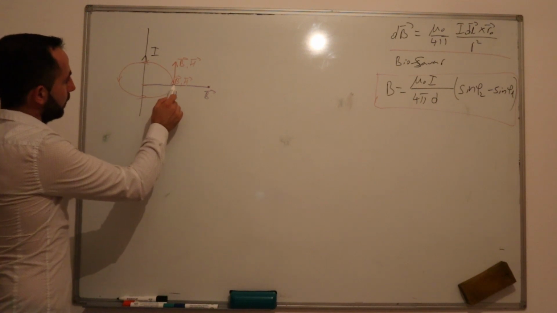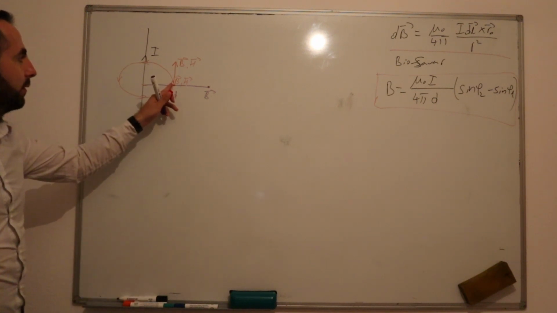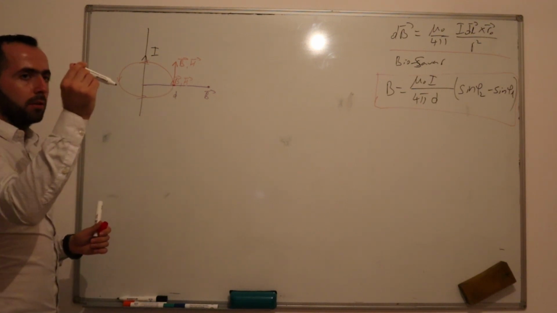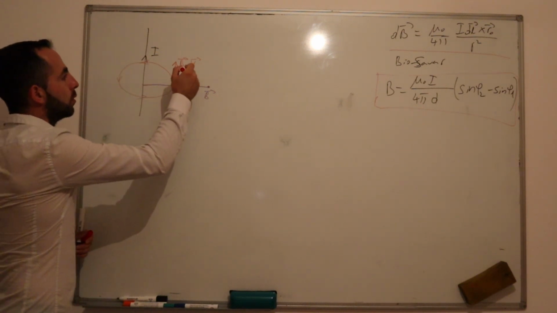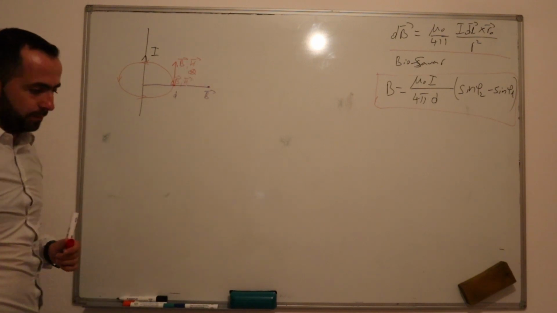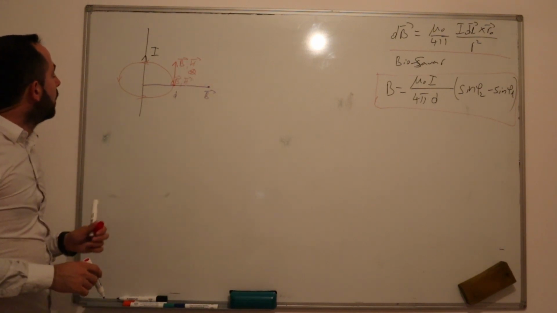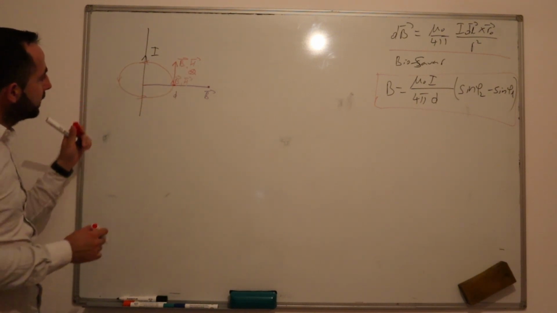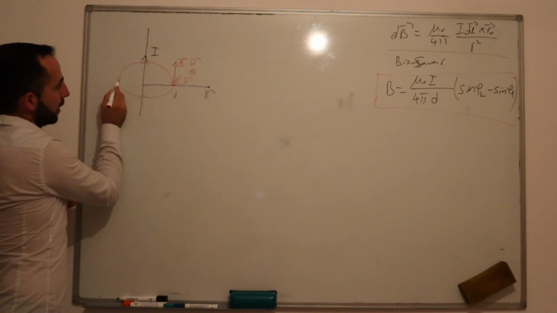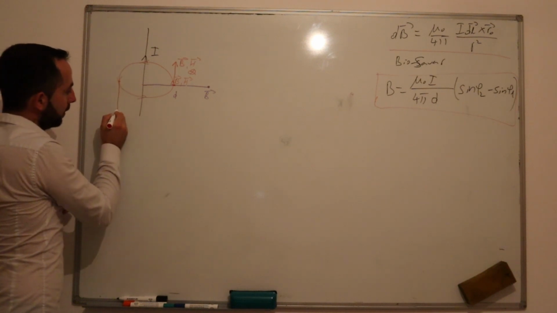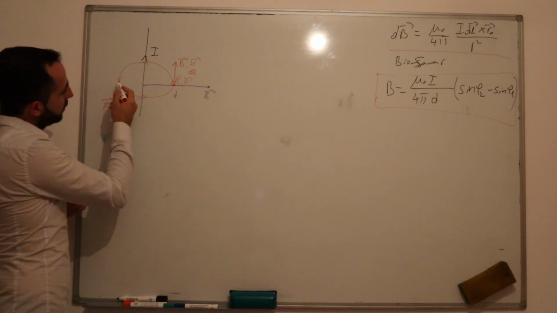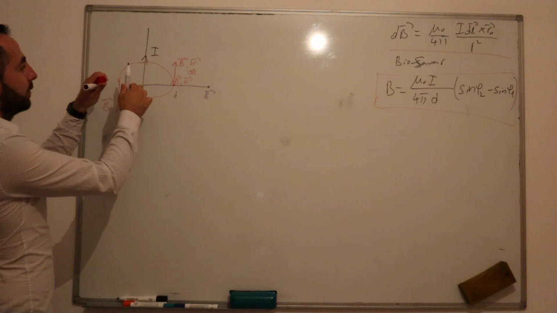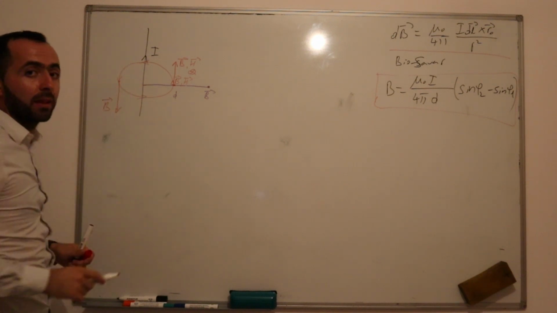If we need to calculate a magnetic field at this point, the direction of the magnetic field is from you to the table, and we will present that this way. And if we need, for example, to calculate at this point, the tangent is here, so the magnetic field, because this is a conductor, is from the table to you.